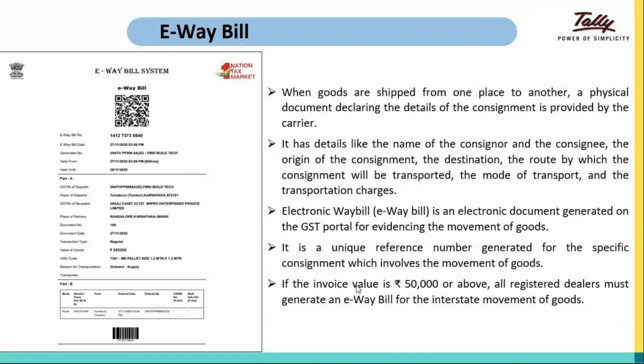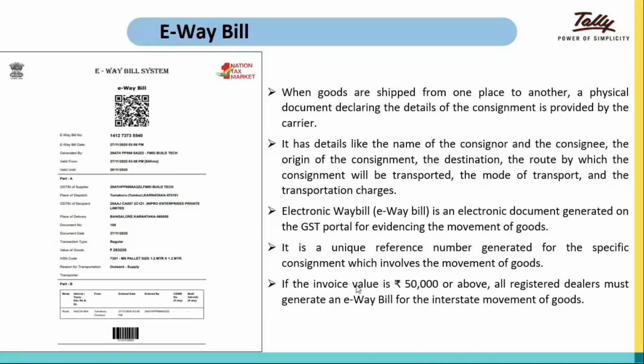But this threshold will vary from state to state. If you take Karnataka's example, if there is intrastate movement of goods, that means if it is moving within Karnataka, in that case your threshold limit is 50,000 rupees. If you are transporting goods above 50,000 rupees, it is mandatory to generate an e-way bill.